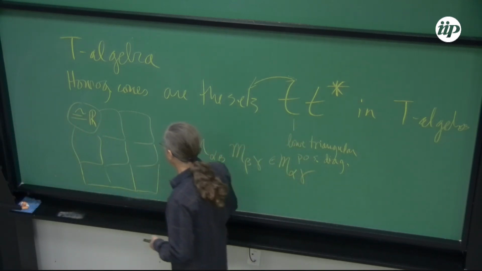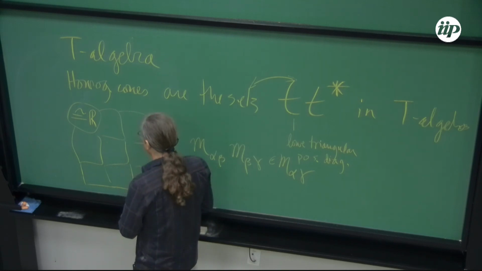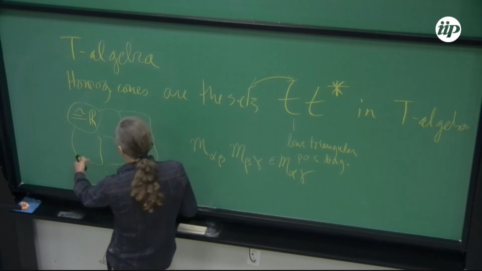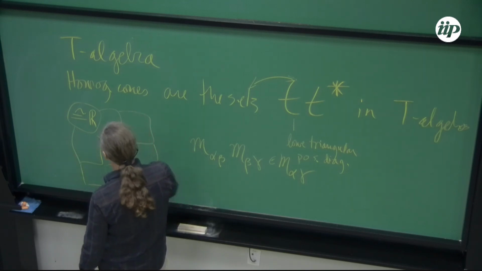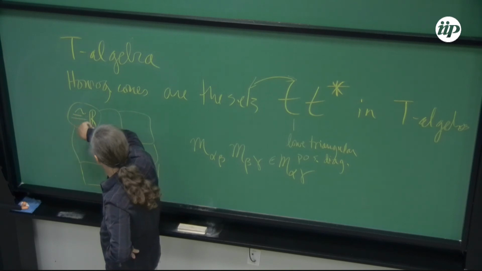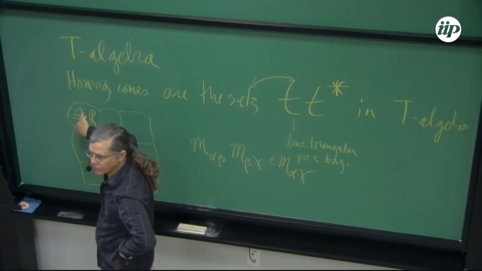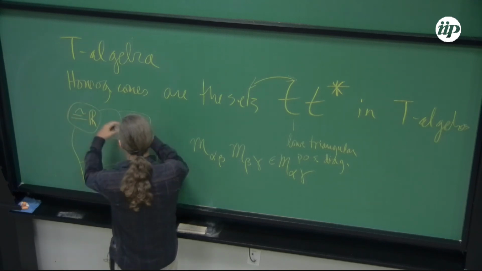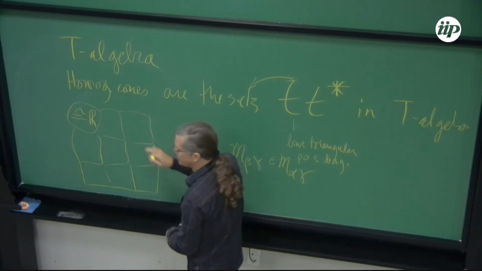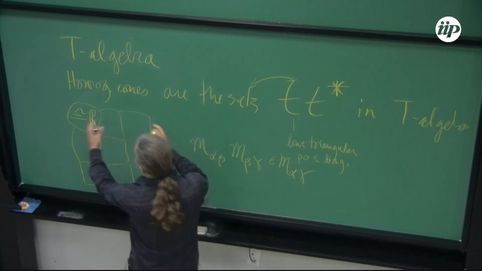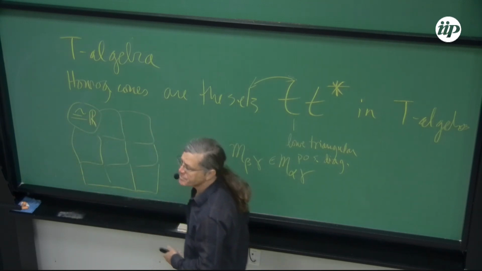So basically, it's just the complex matrices, let's say, for the quantum situation, except that you project the diagonal so that they're real. You kill the imaginary part of the diagonal, and the multiplication is just ordinary multiplication followed by this projection. So it's almost the full matrix algebra, but not quite.